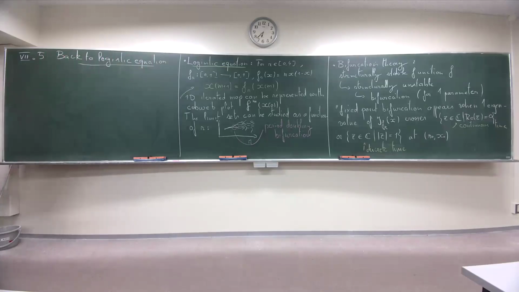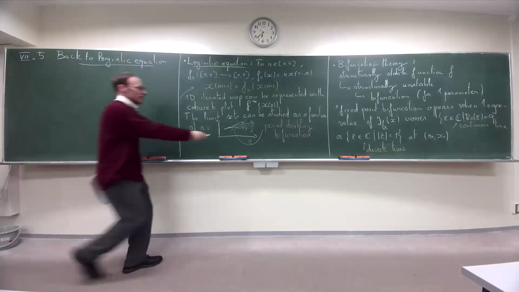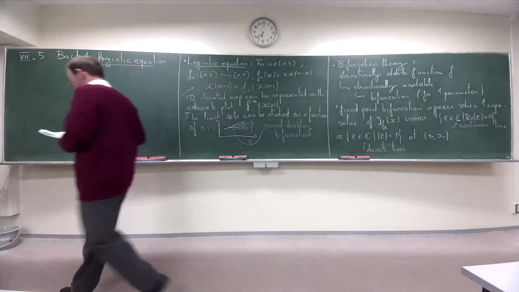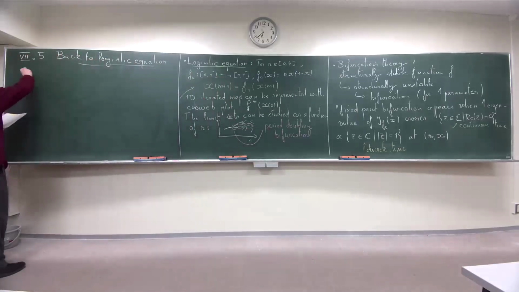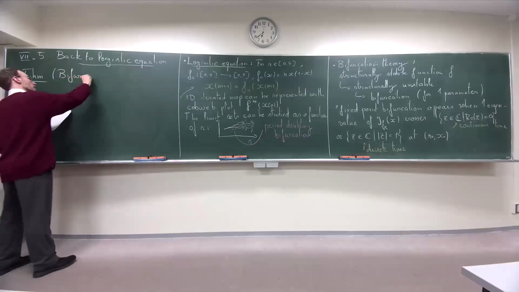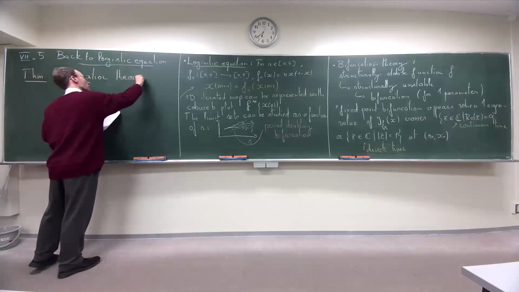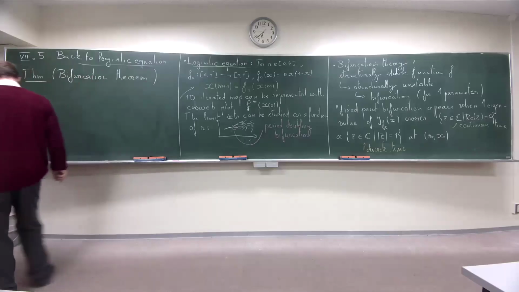If you have already attended calculus 2, it should give you a nice souvenir of what we have seen. So we are going to look at this period doubling bifurcation, and we have to look at this theorem, which is called the bifurcation theorem.